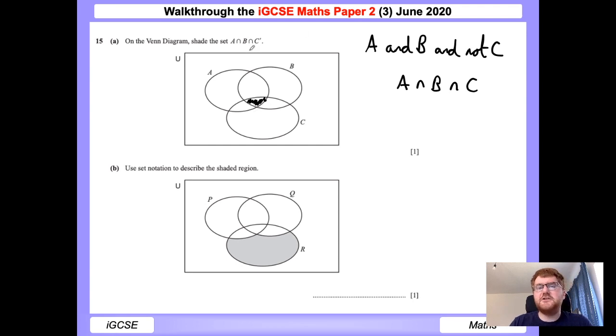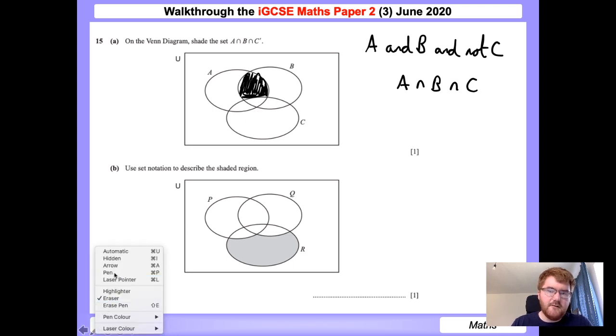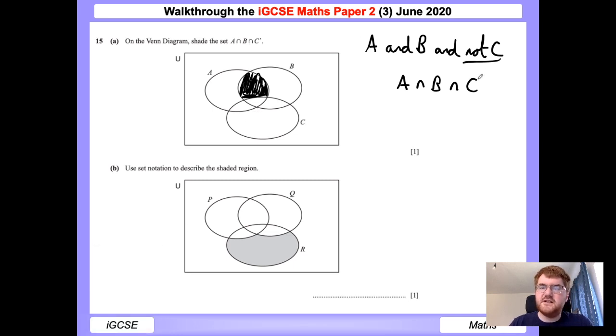However, we want the intersection of A and B and not C. So which parts are not C? Well, this is not C. But the part that we had before is part of C, so we need to rub that part out. So that gives us our answer of A and B and not C. We considered A and B and C, and then we thought, what's not in C?